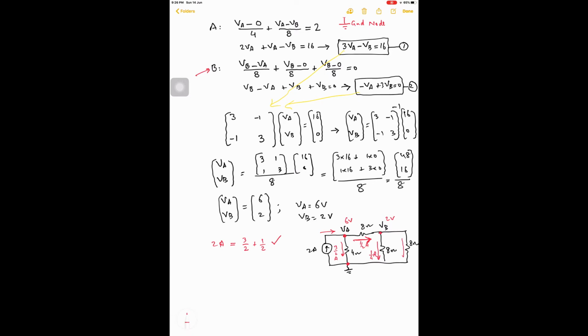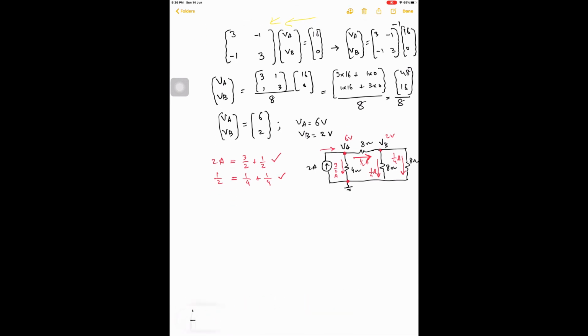Similarly, the voltage across this other 8 ohm is also VB, 2 volts, and 2 by 8 ohm is 1 by 4 ampere. Again we see that 1 by 2 ampere is coming towards the node, and 1 by 4 and 1 by 4 ampere are leaving the node. So Kirchhoff's current law is satisfied here as well.